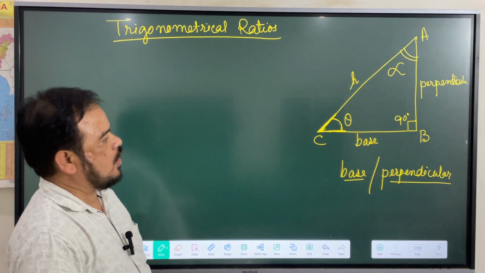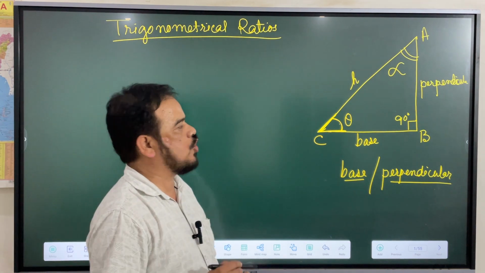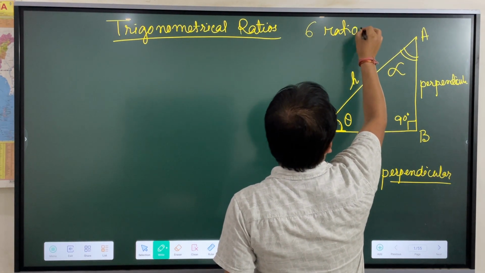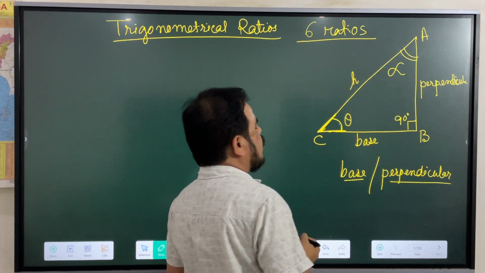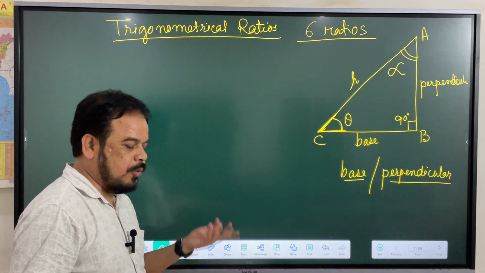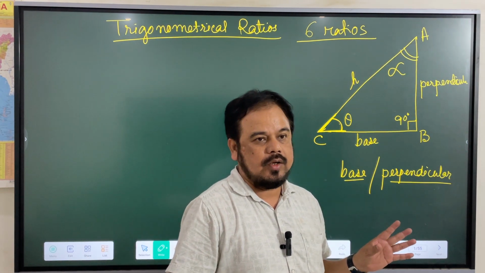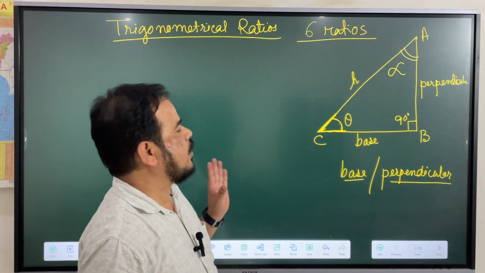Now, with respect to this right angle triangle, there are 6 ratios in trigonometry. There are only 6 ratios, which you will always get in future also, not other than that.